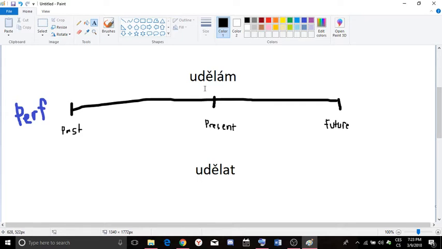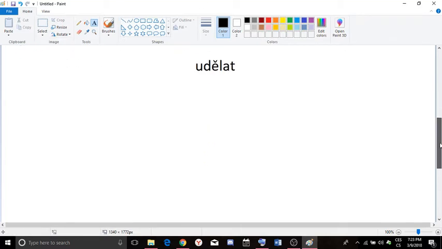This is present, but it's not so simple. Because if you are talking about a completed action, you cannot put a completed action in the present. So completed means, let me try and help you visualize this.